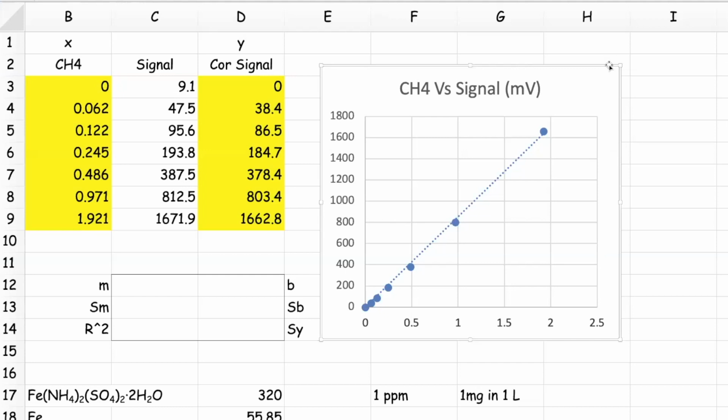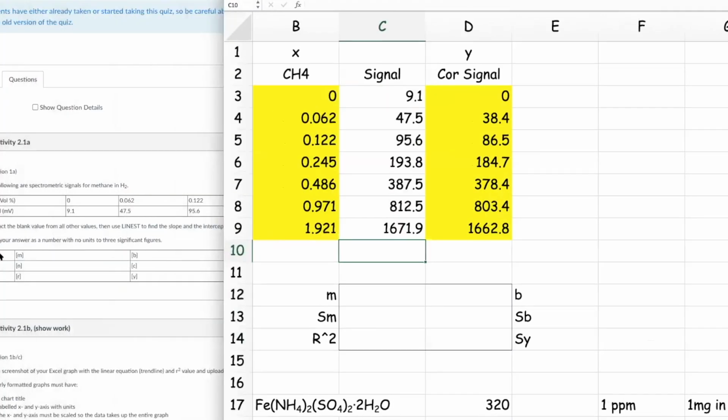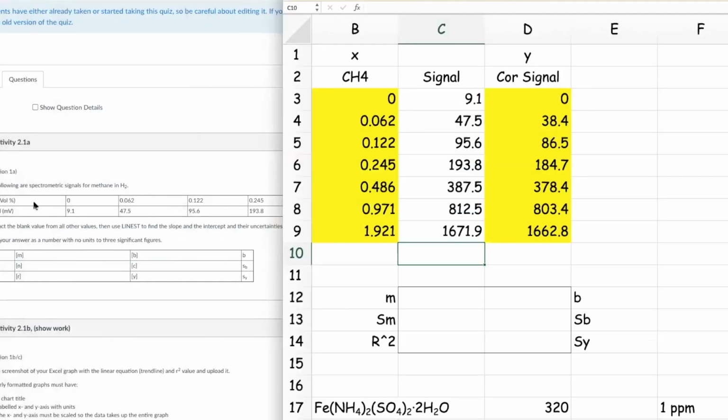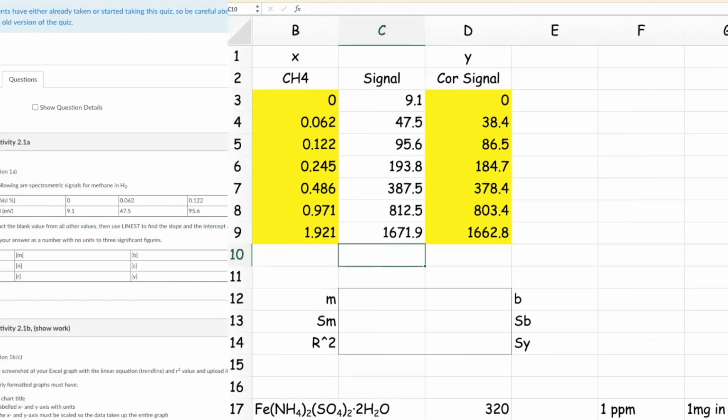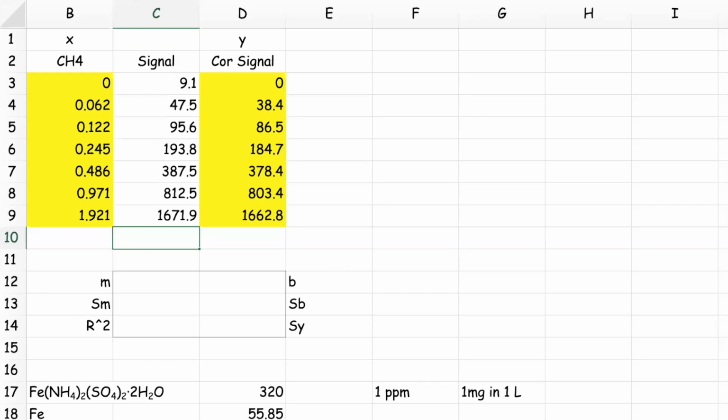So I'm going to start from the beginning in terms of this. So this is the data from here. That's your CH4 volume percent. This is the signal. This is the uncorrected signal. And this is the corrected signal. The corrected signal is based on taking your signal and subtracting.